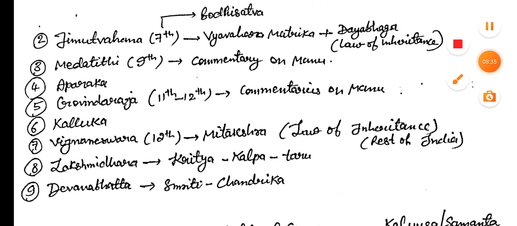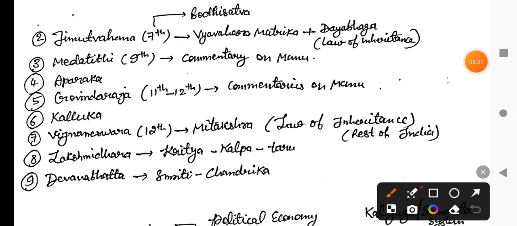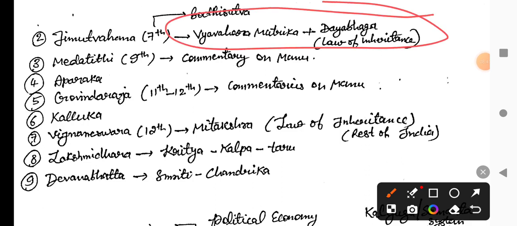Okay, next Dharma Shastras are Vyavhar Matrik and Daya Bhag, which was based on Bodhisattva, and Daya Bhag was based on the law of inheritance.